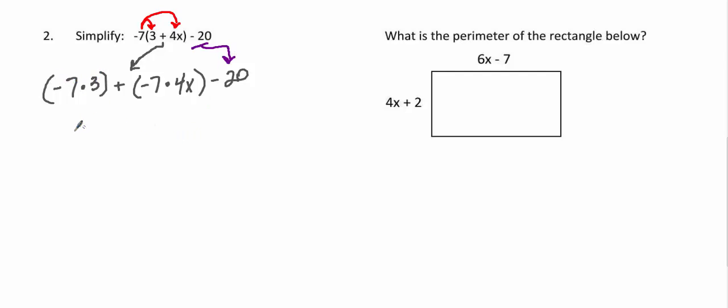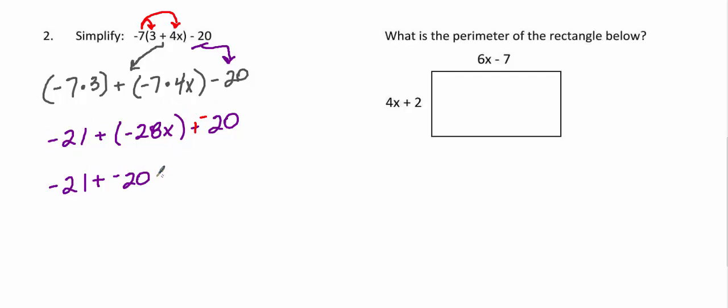Negative 7 times 3 is negative 21 plus negative 7 times 4x is negative 28x minus 20. Now at this point, I'm going to suggest you change that to addition. Change that to plus a negative 20. Because then if we rewrite it, and we'll rewrite the parts together that go together. Negative 21 can be added to negative 20, and that can be added to negative 28x.